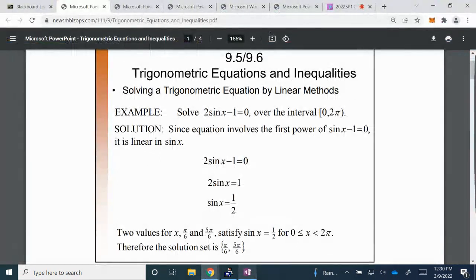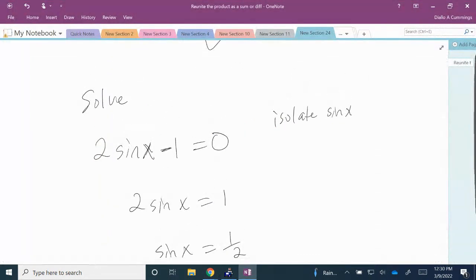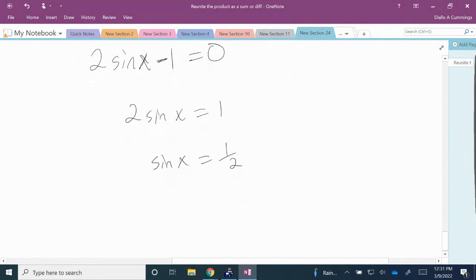So now there's something in the directions that is very important. It says solve 2 sine x minus 1 is equal to 0 over the interval from 0 to 2 pi. So solve in the interval from 0 to 2 pi. What does that mean?